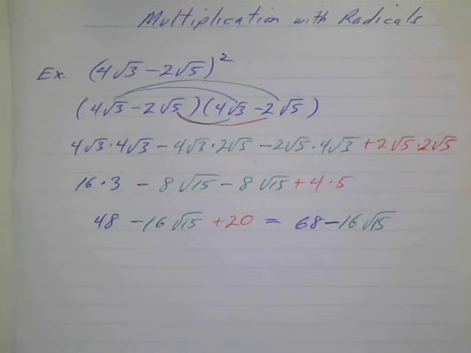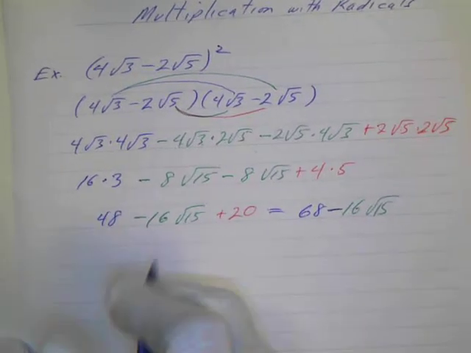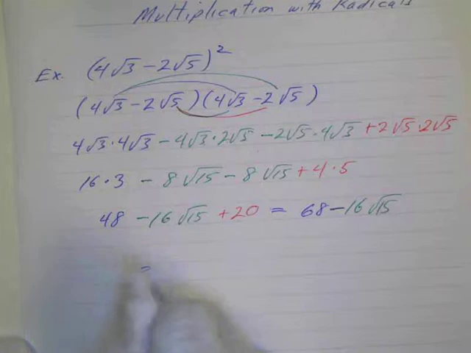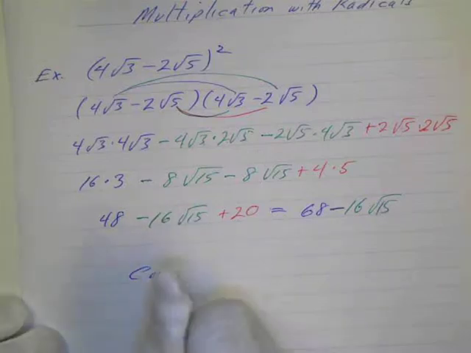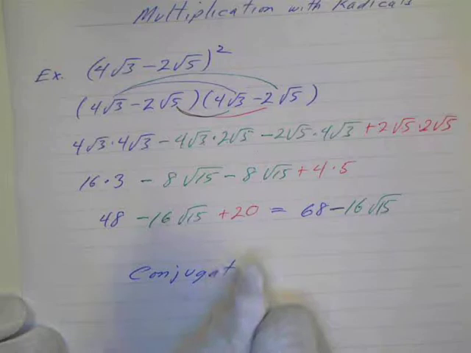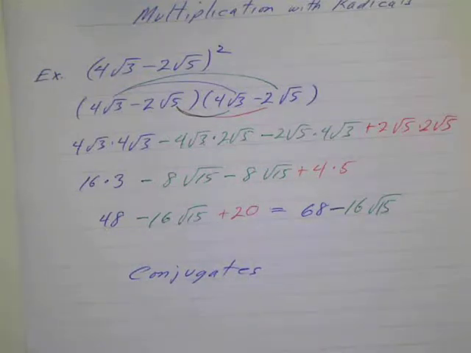And then we have what we call conjugates. And conjugates are very interesting. Conjugates are radicals that are the same, except the sign in between them is opposite.